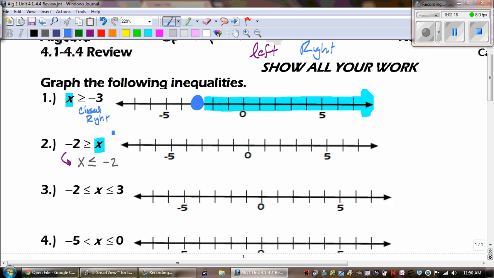Okay, so now that it's got the line underneath it, that means it's going to be closed. And it's pointing to the left, and left means less. So we're going to shade to the left. So I go to -2. Once again, I have a closed point, and I'm going to shade everything to the left.